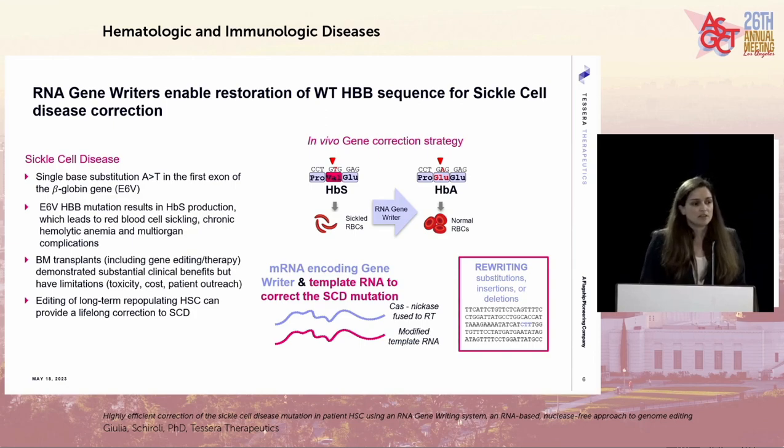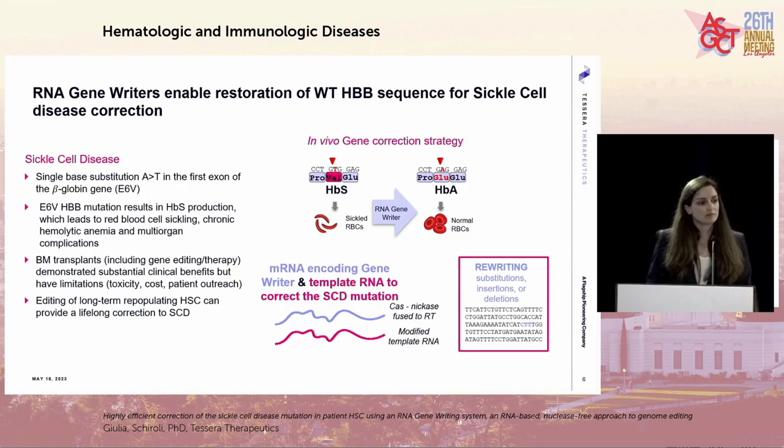The approach that we want to take at Tessera is to develop an in vivo gene correction strategy for sickle cell disease by exploiting our RNA gene writing system in order to revert the sickled hemoglobin to the wild type one by correcting the mutation.